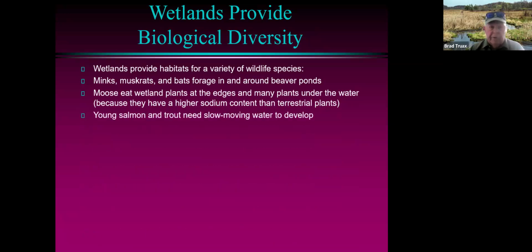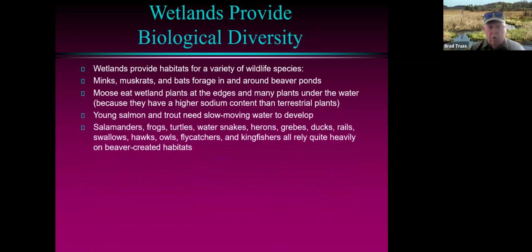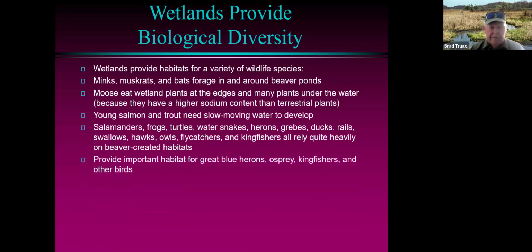Young salmon and trout need slowly moving water to develop as opposed to rapid moving streams. A whole host of animals, salamanders, frogs, turtles, water snakes, herons, grebes, ducks, rails, swallows, hawks, owls, flycatchers, kingfishers, all rely quite heavily on wetlands, particularly beaver-created habitats.